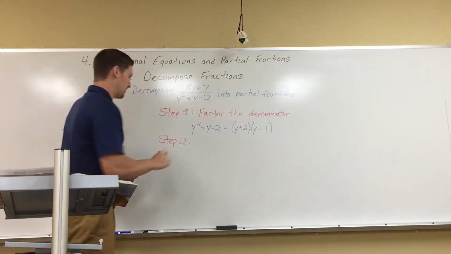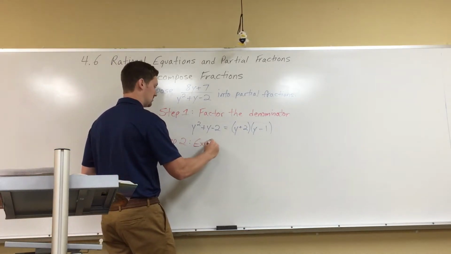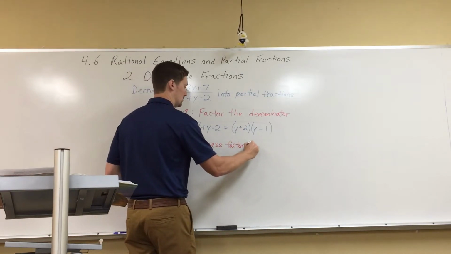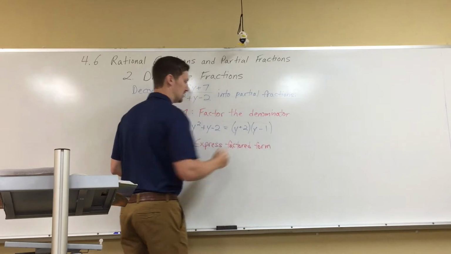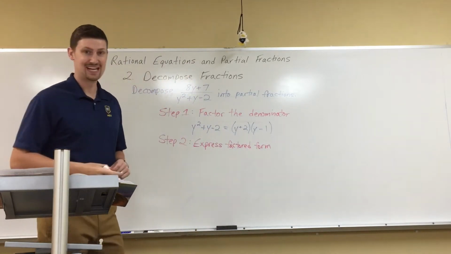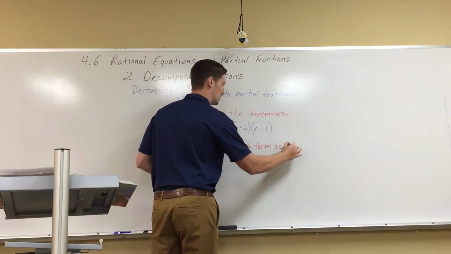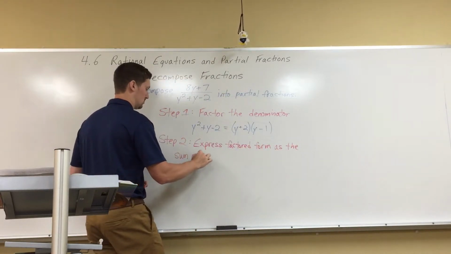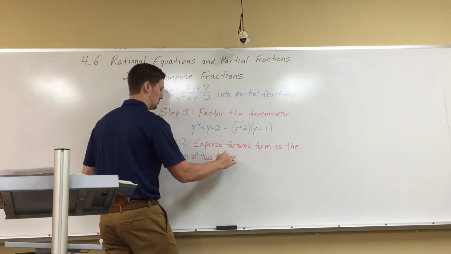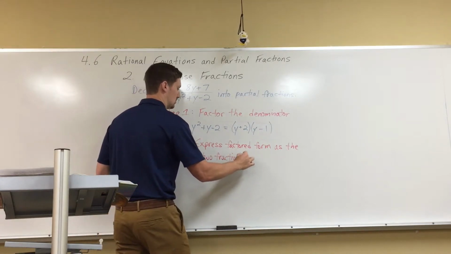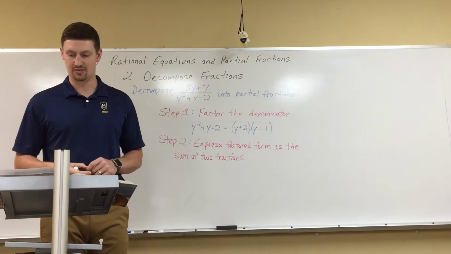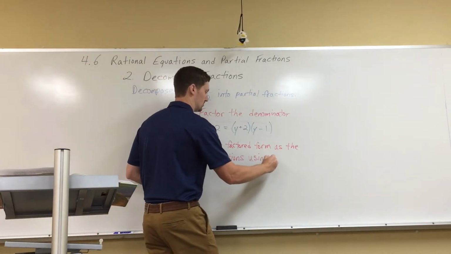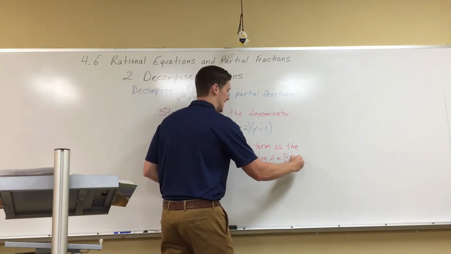Step 2. Now that we have the factored form, express the factored form as the sum of two fractions using A and B as numerators.